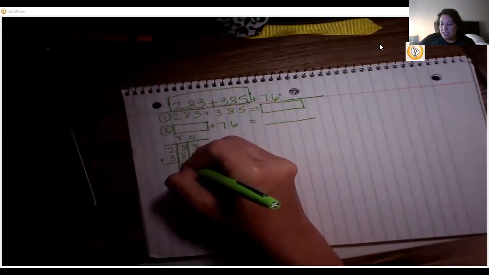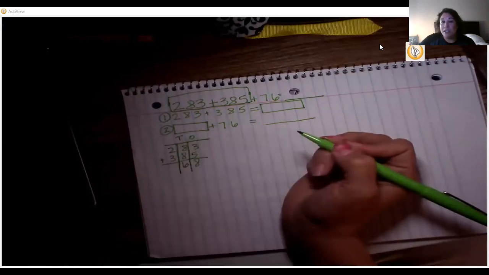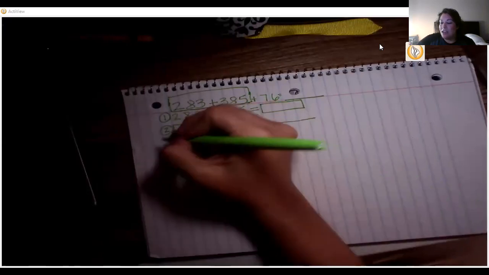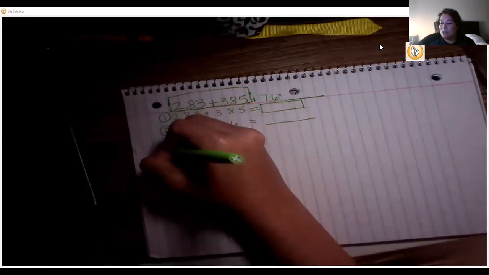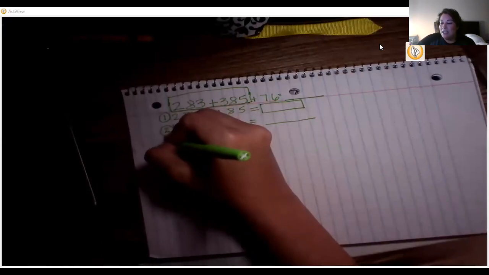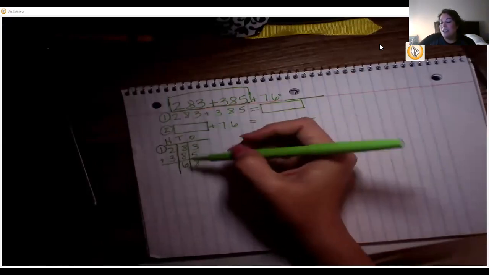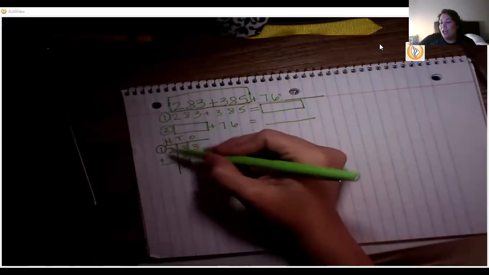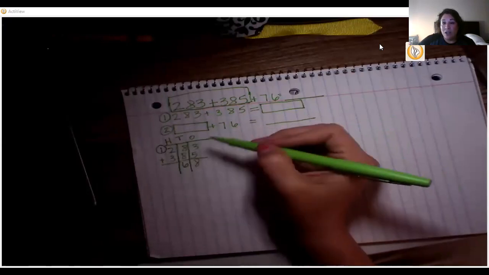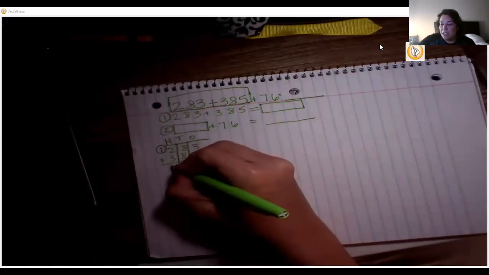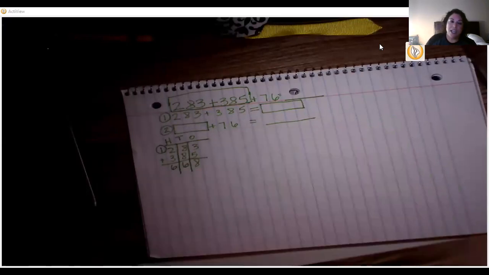So I can leave the 6, the number that's in the ones place, and I'm going to carry over the 10 to the hundreds place. And so here I have 3 plus 2, which is 5, plus 1 more, gives me 6. So I came up with the answer of 668.